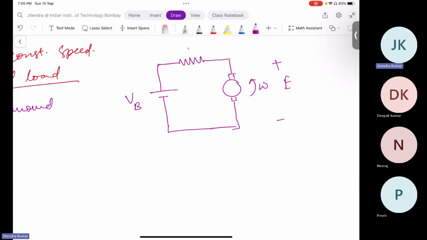If this omega is equal to zero, then EMF is zero.